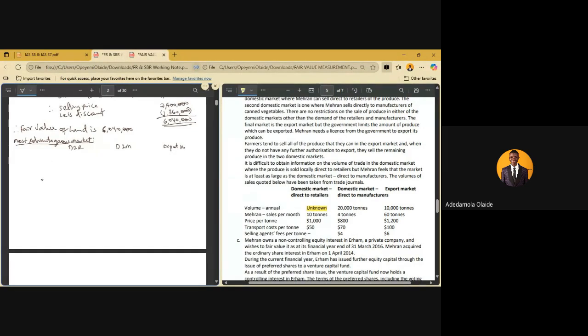Okay, for direct to retailers, selling price is how much? Selling price is 1,000. Direct to manufacturer, 800. And export market, 100.